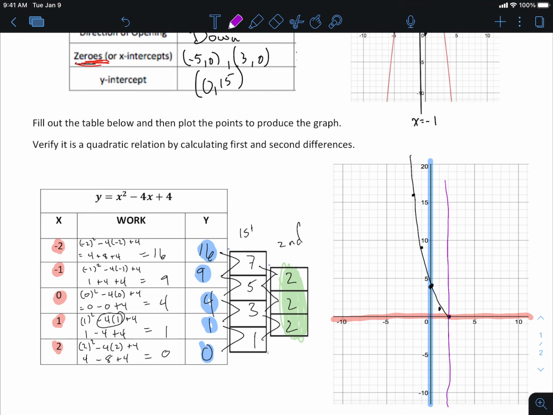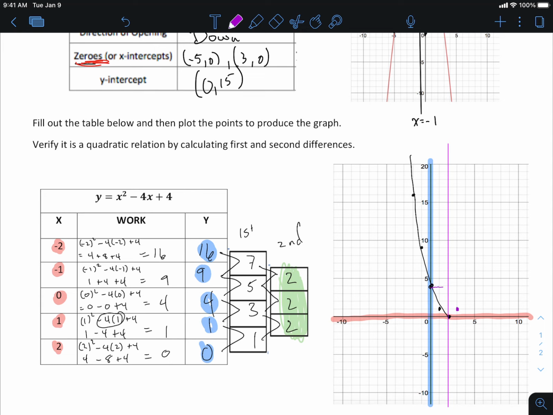If you have an axis of symmetry, there better be an equal area on this other side. Well, how do I get an equal area is your question. And this is the question I posed to you in your comments: can you produce the other half of the parabola? Yes, you can. How far is this point away from the axis of symmetry? It's 1 away. So I'm going to count 1 away and plot it there.